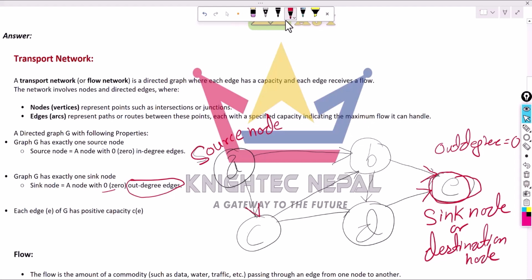Here node A has no incoming edge, that is 0, so we can call it a source node and E a sink node or destination node. So first of all we need to identify which node is the source node and which node is our destination node or sink node.